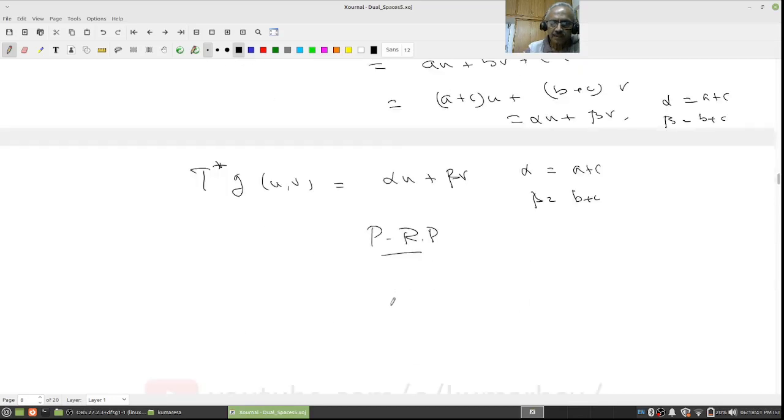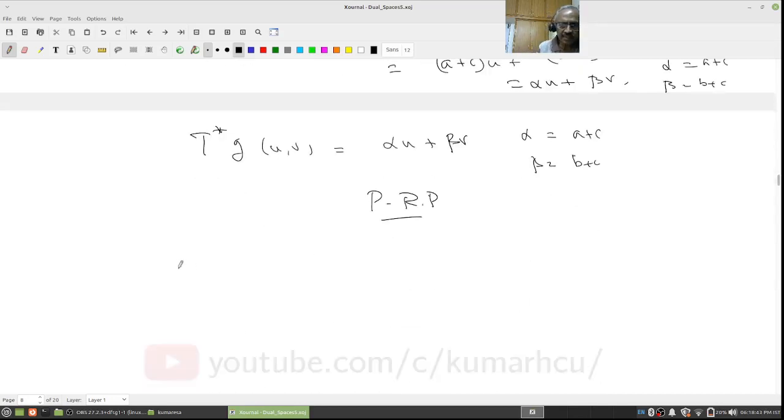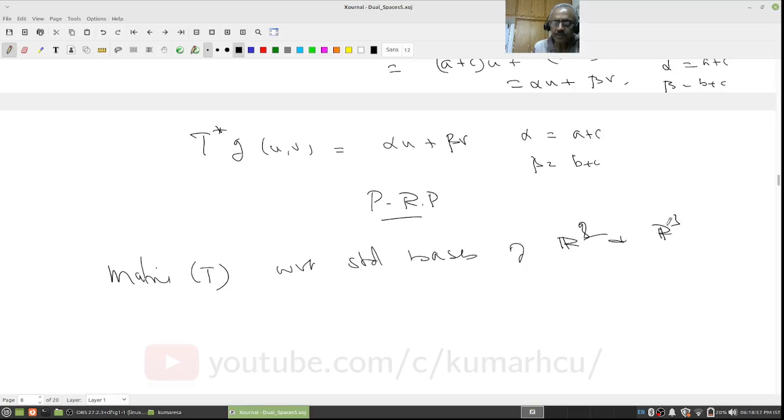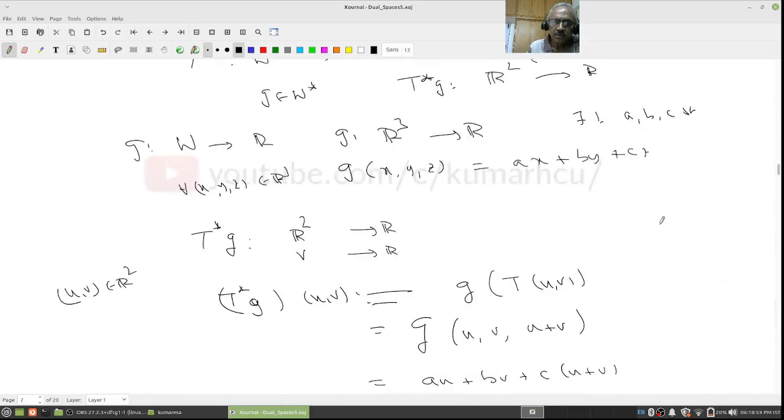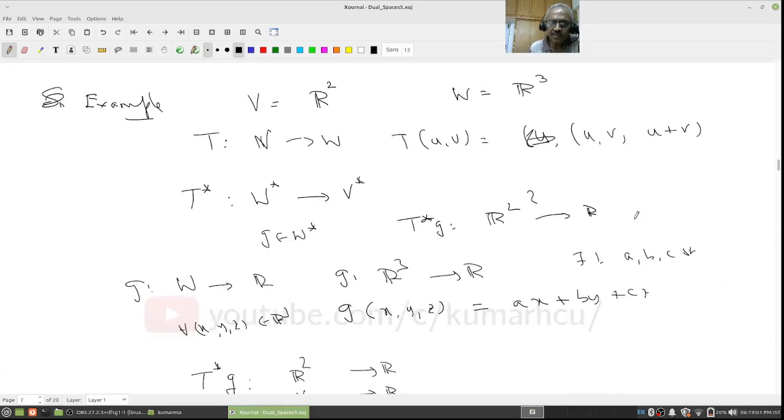Just to make sure, let us understand what is the matrix of T with respect to the standard bases of R2 and R3. What is T of e1?